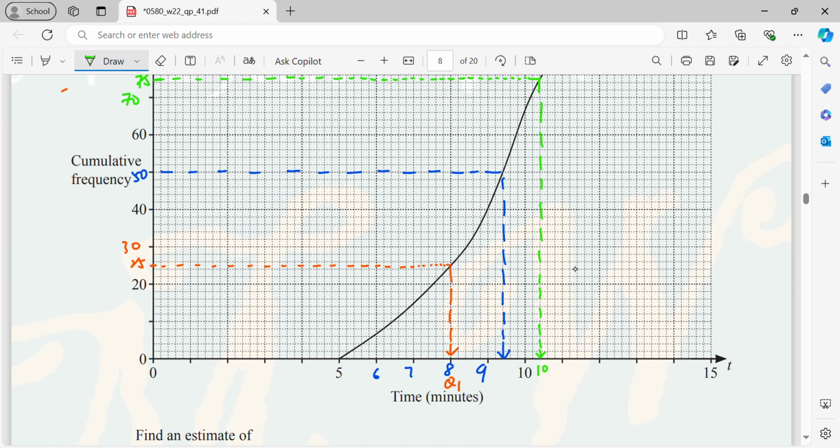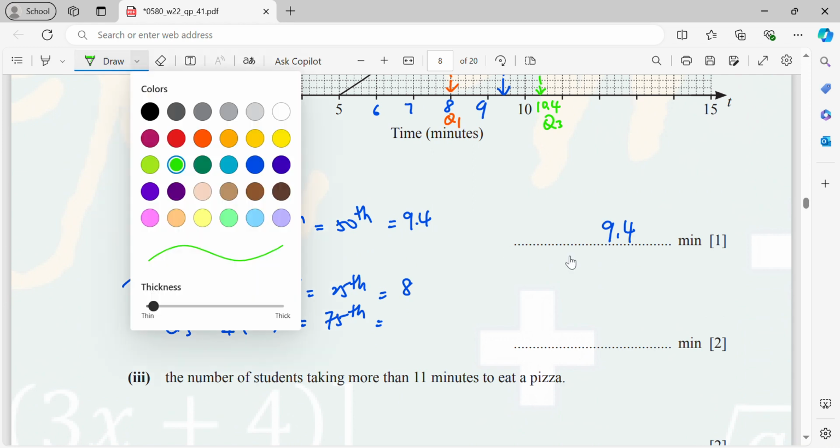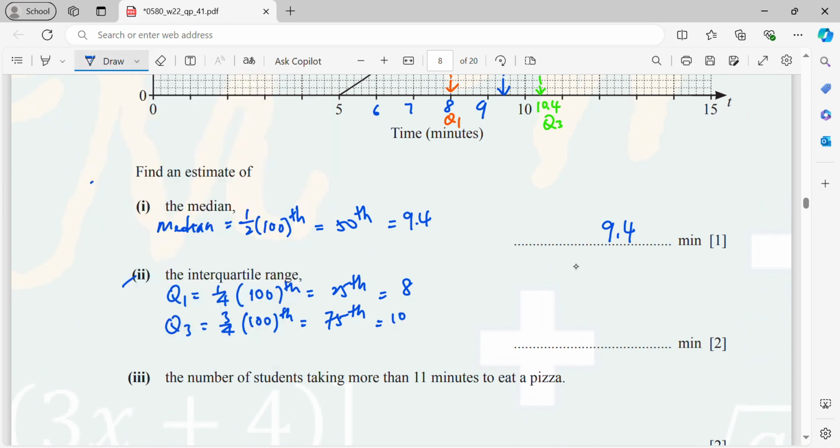So this is 10.4. This is our Q3. So your interquartile range is Q3 minus Q1. That is 10.4 minus 8. Then I will be getting 2.4.